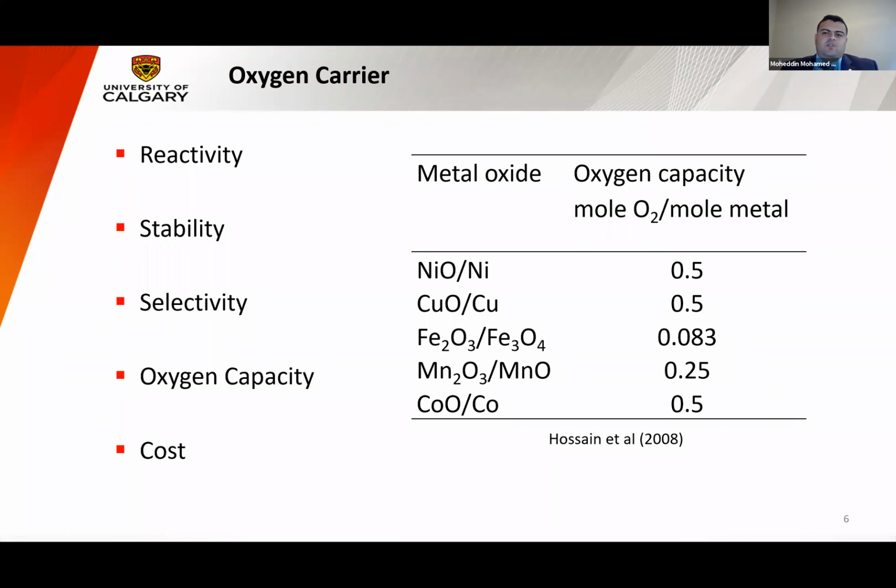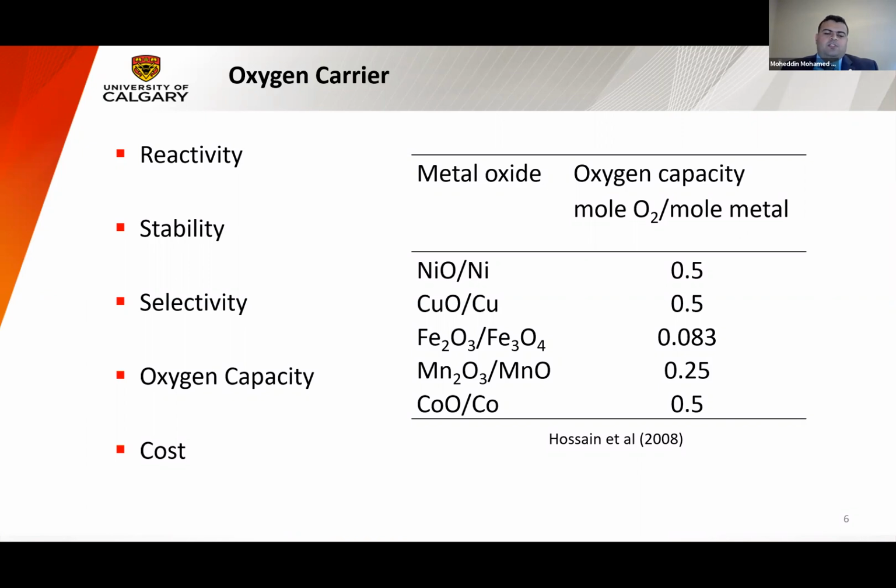In addition to selectivity, CO2 and water are the desired products of the fuel reactor. However, carbon monoxide can also be produced in cases of partial reaction or partial combustion of the fuel.